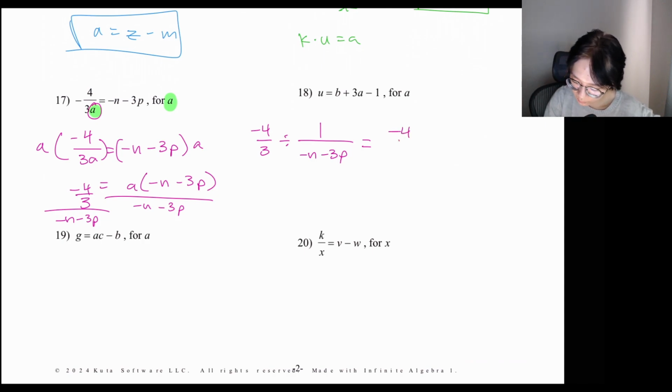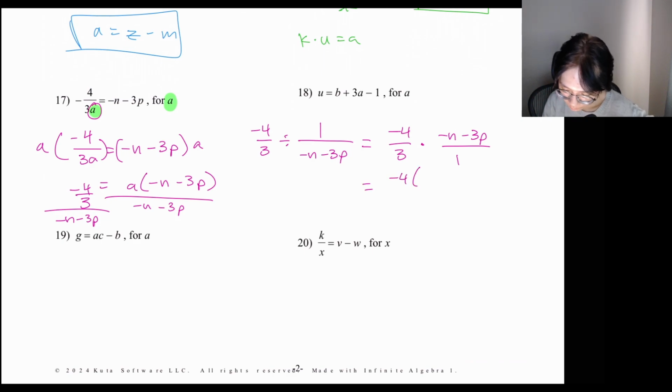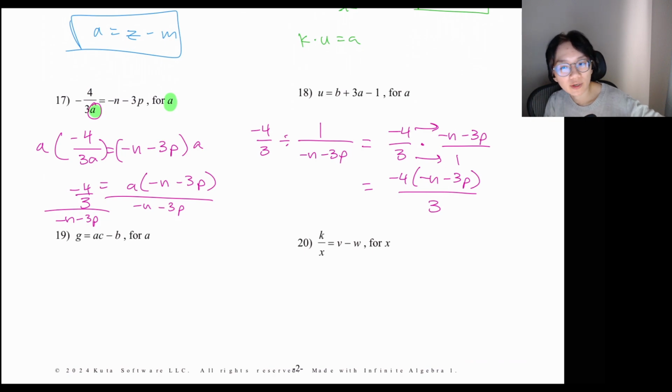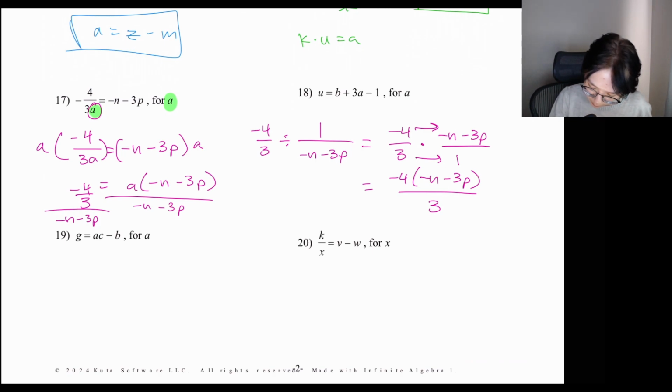So this is the same thing as negative 4 over 3 times negative n minus 3p over 1. It's negative 4 times negative n minus 3p over 3, right? Because you multiply across the top, across the bottom. 4 times all of that above, I'm just rewriting it with the parentheses. 3 times 1 is 3. So for this one, a is equal to negative 4 parentheses negative n minus 3p over 3.